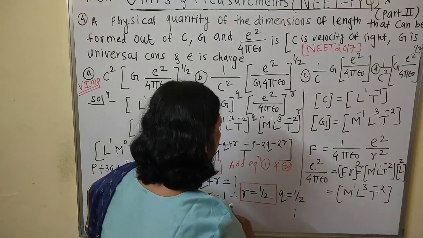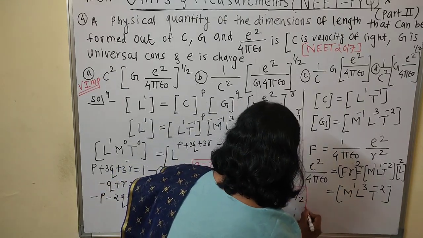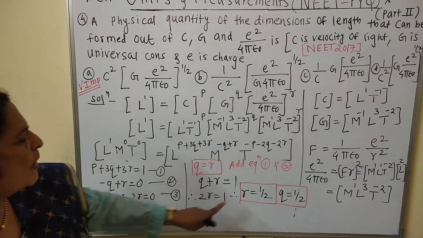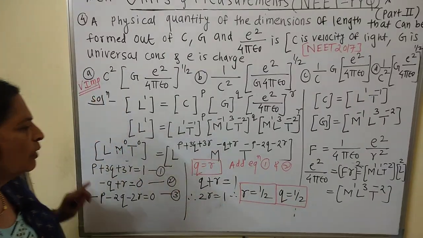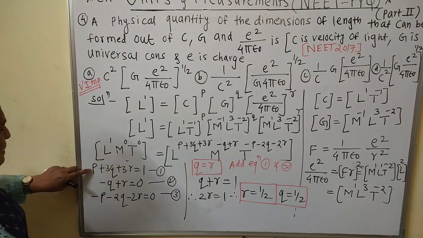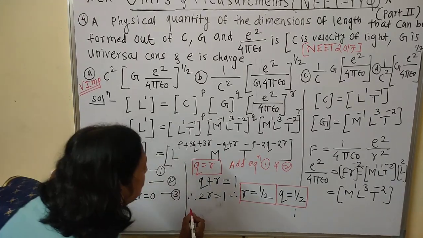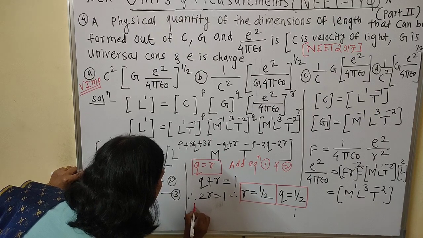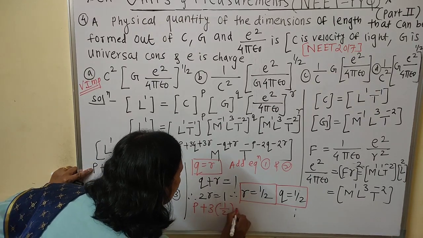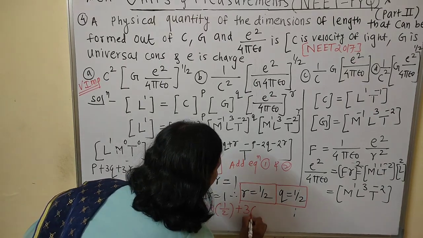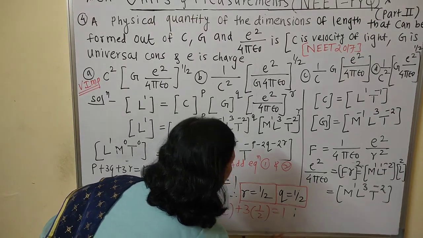Now if we substitute R equal to 1/2 and Q equal to 1/2, we will get the value of P. P plus 3 into 1/2 plus 3 into 1/2 is equal to 1.